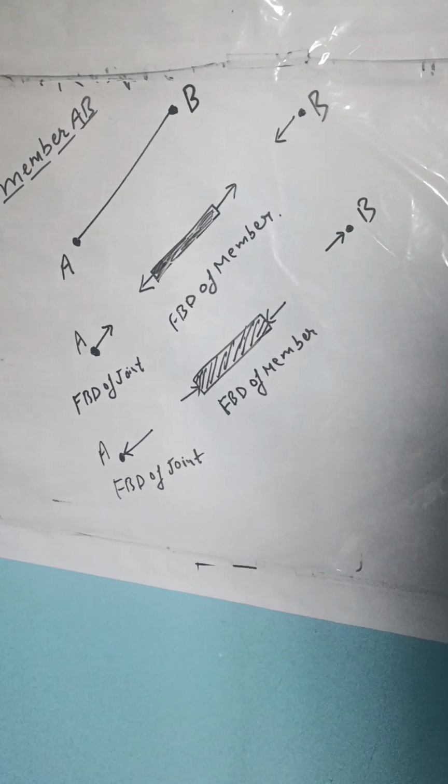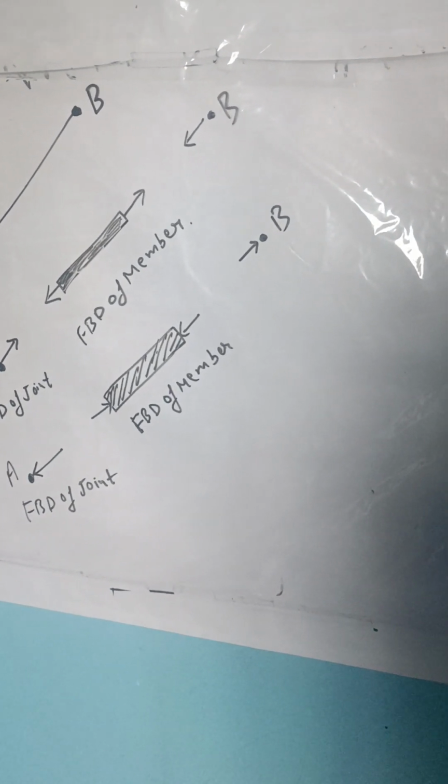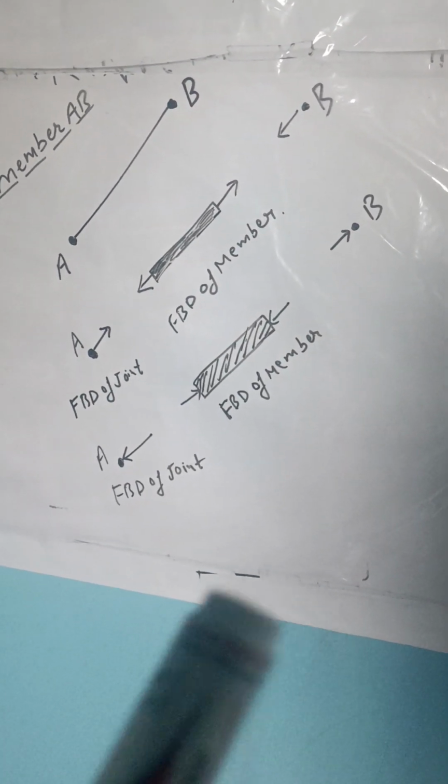So the FBD of the member will be this. This is compression, where while solving for the method of joints, the force is toward the joint. Force toward the joint means we are solving the FBD of the joint, and from the FBD of the joint we are getting the force in the member. If the force is toward the member, we come to know that the member is in compression.